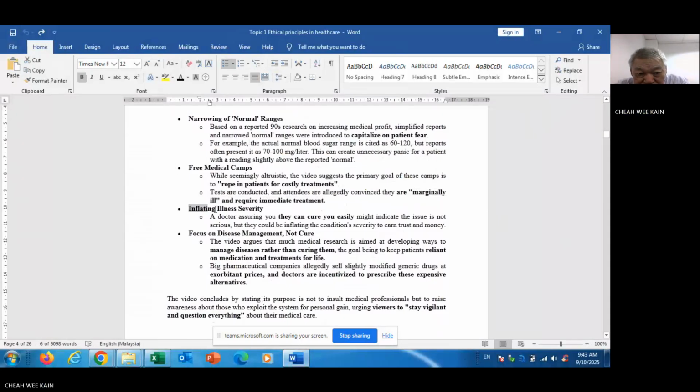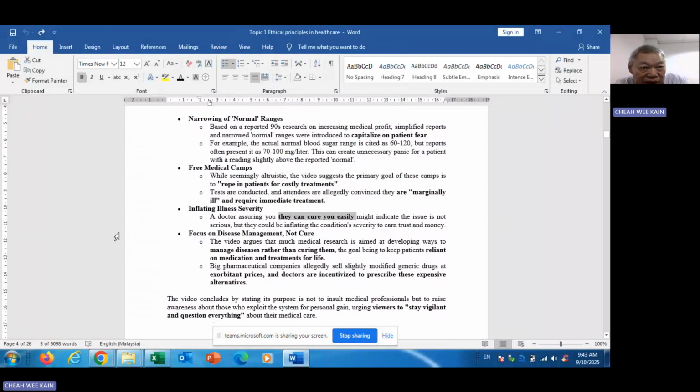Next one, inflating illness severity. They can cure you easily as long as you follow their treatment, which means as long as you pay. Okay. Say, their doctor says, don't worry, don't worry. We can cure you. Okay, don't worry, don't worry. We will operate on you.